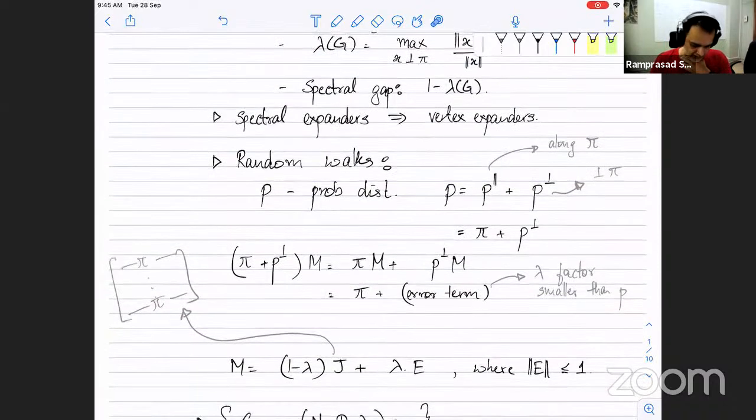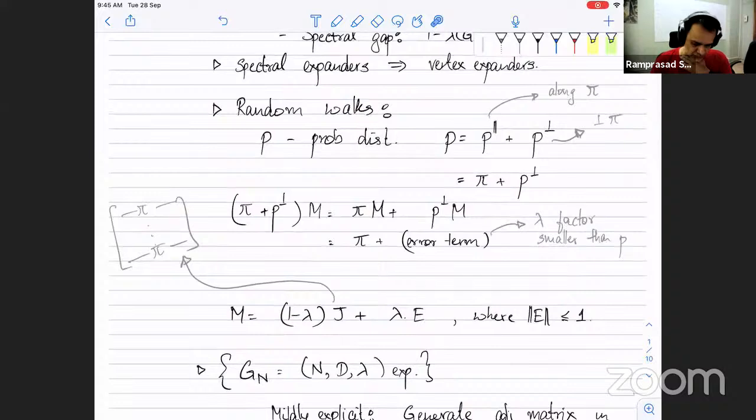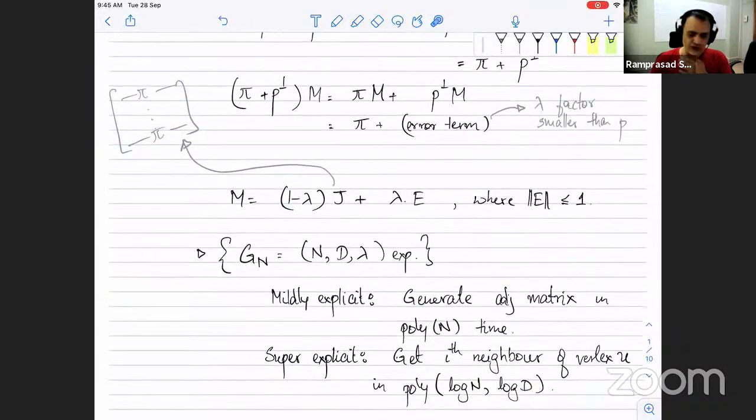Okay, good. So what are we interested in finally? We saw lots of applications of these things. Now, what we want is not just one graph which happens to be an expander, but a family of graphs, wherein I just give you a sequence of such graphs, say lambda expanders G_i, where i goes from 1 to infinity, such that these graphs are on larger and larger numbers of vertices.